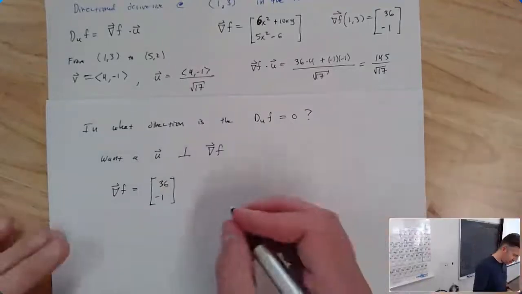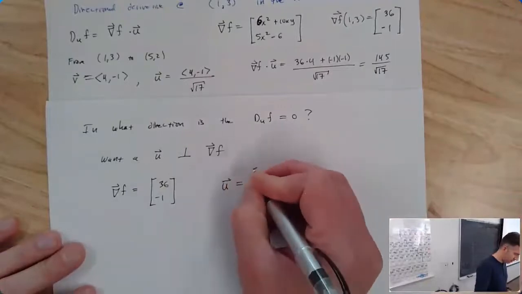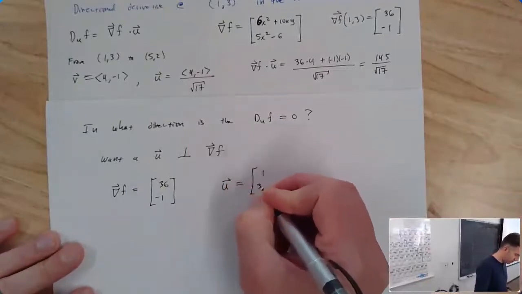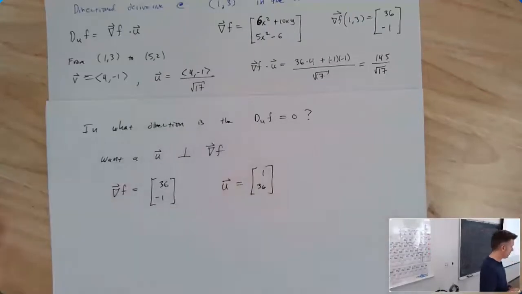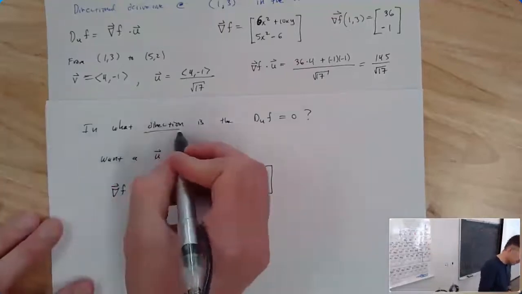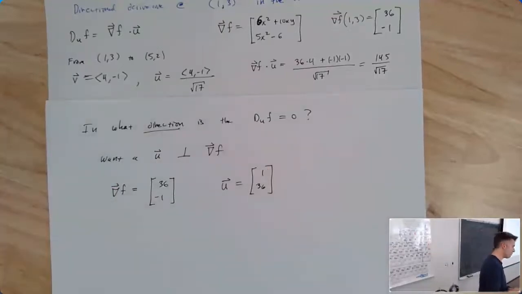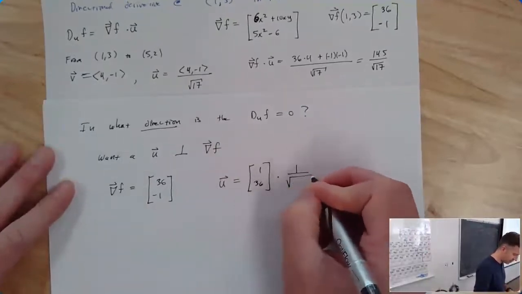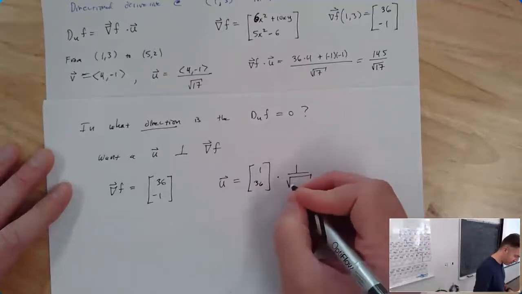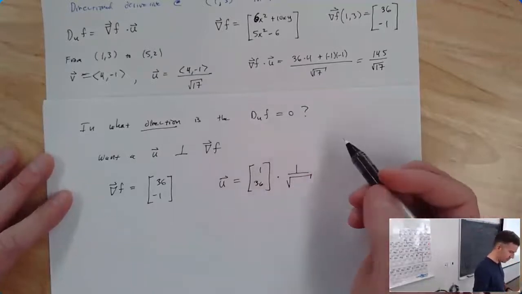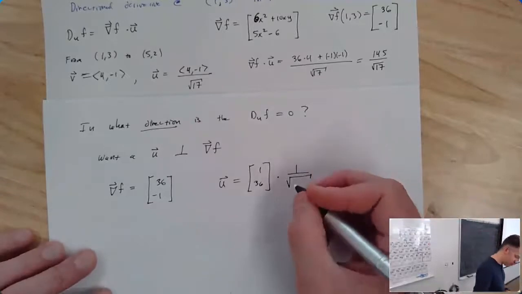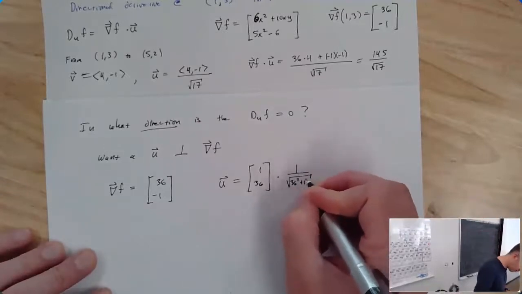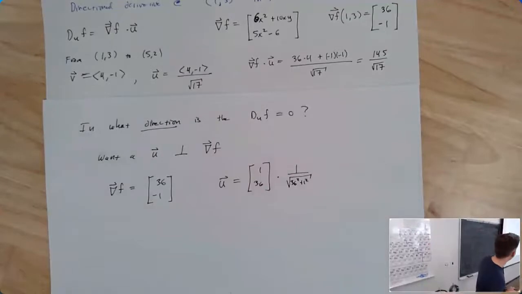So you could say that the vector u is either the vector 1, 36, or you can pick negative 1, negative 36. Since we want a direction, we want a unit vector, so we divide by its magnitude, which is again the square root of 145. Well, that's not right. It's not the square root of 145, it's the square root of 36 squared plus 1 squared, which is a terrible thing to do, but it is what it is.